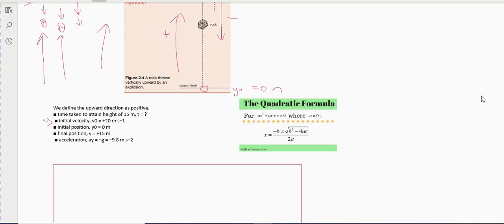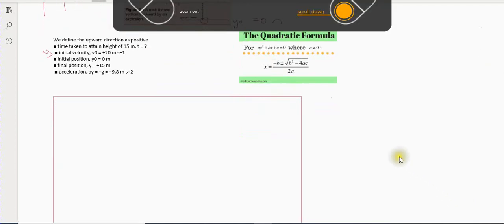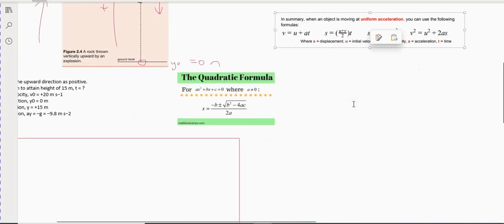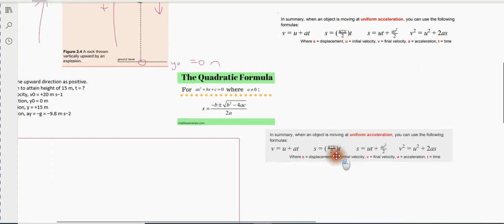So in order for us to solve a question like this, we have to recall our equations of motion that we derived earlier on, right? And I'll just go ahead and insert those equations here so that we can actually see them.